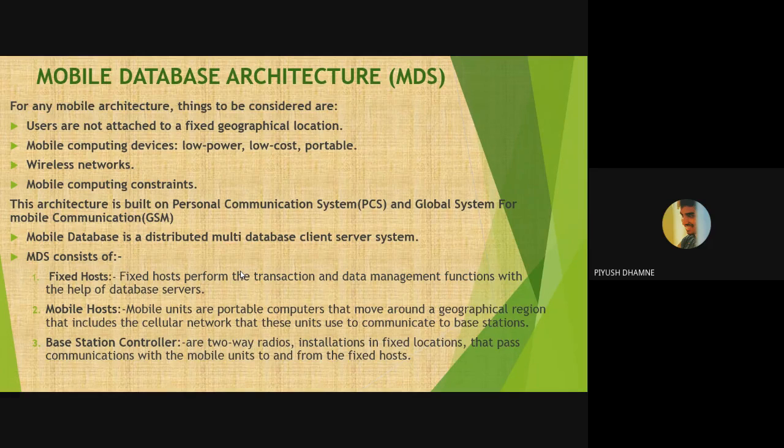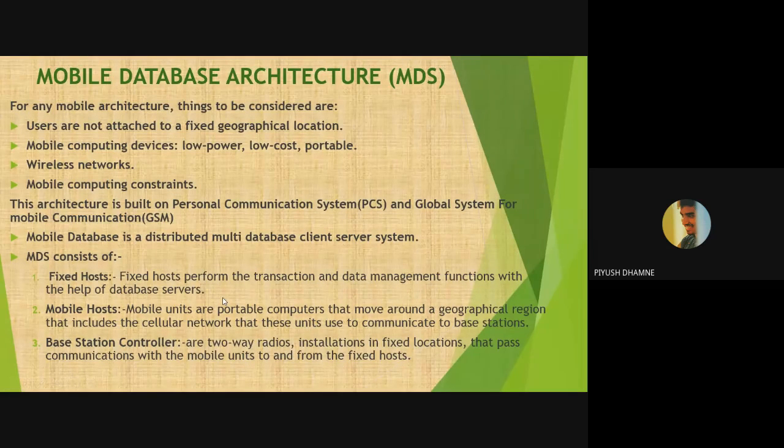MDS consists of three hosts, that is fixed host, mobile host, and base station controller. Fixed host performs the transaction and data management functions with the help of database server.